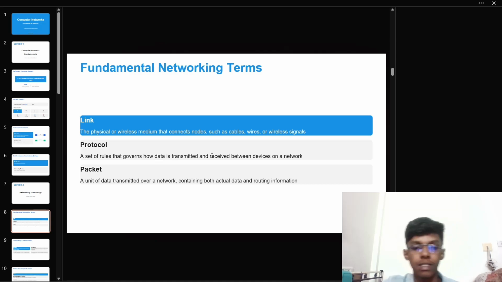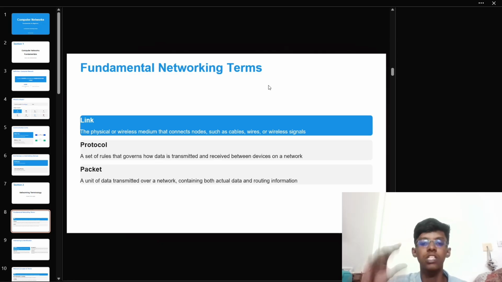Don't worry. The third thing is packets. A packet is a unit of data transmitted over a network containing both actual data and routing information. When you send data over a network, it doesn't travel as one big chunk.